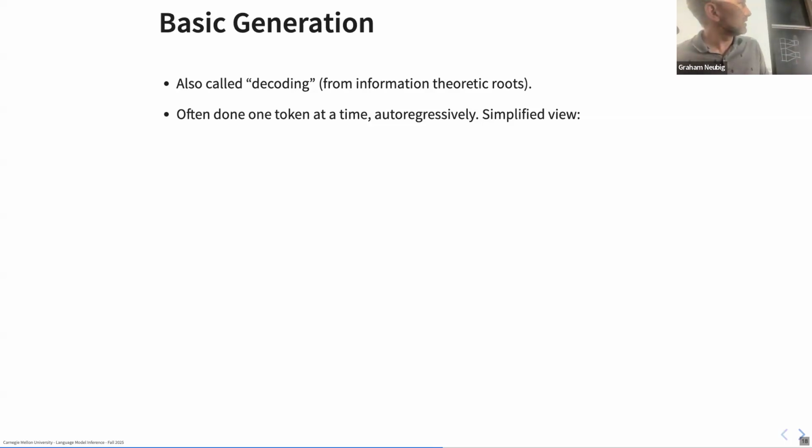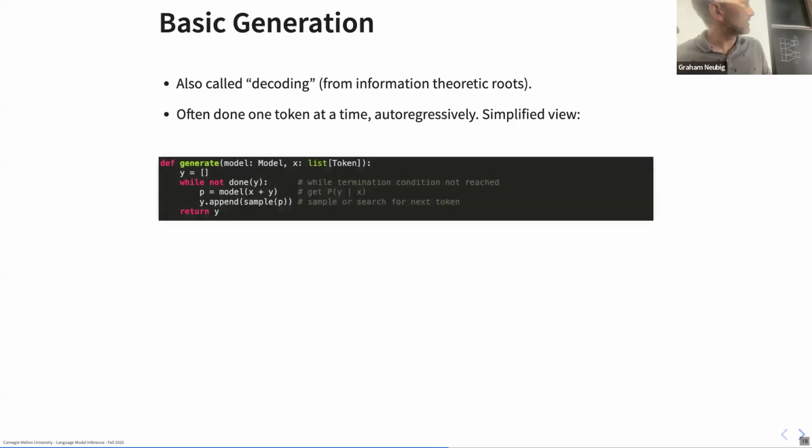This is the most simplified view: we have a generation function that takes in a model and an input list of tokens, which would be our prefix. Then, while we have not finished generation, we take the model and calculate a probability, somehow sample from this probability, and append the result to Y. The model always takes in a prefix of the previous tokens and predicts the next token.